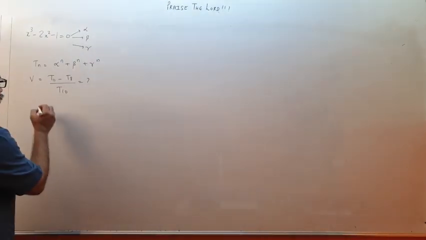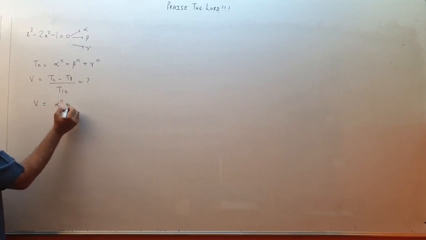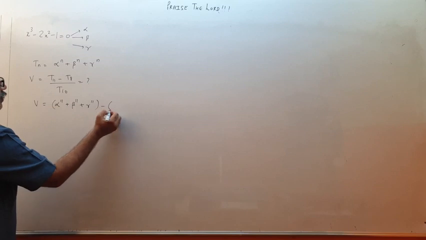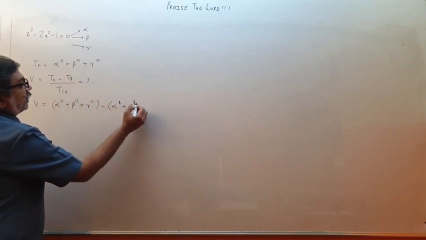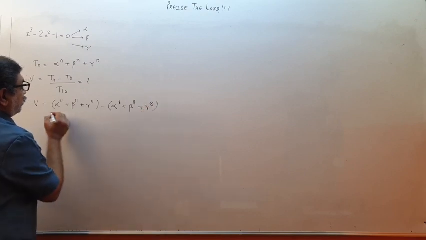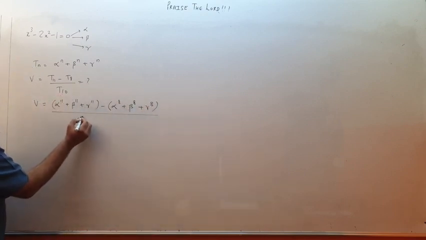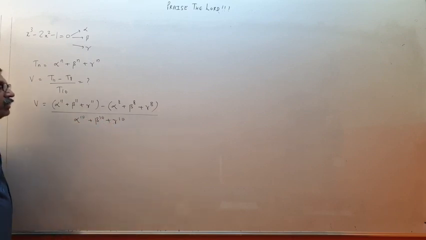Now children, the value required will be T11, meaning alpha^11 plus beta^11 plus gamma^11, minus T8, meaning alpha^8 plus beta^8 plus gamma^8, upon T10, meaning alpha^10 plus beta^10 plus gamma^10.